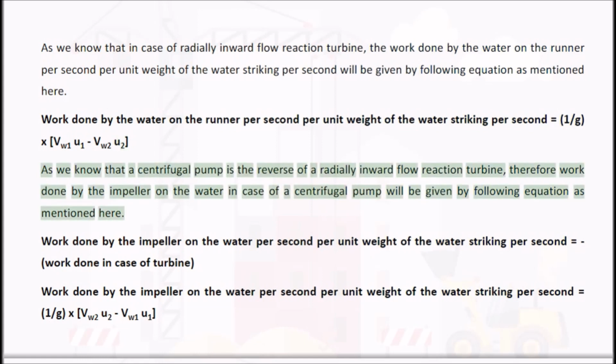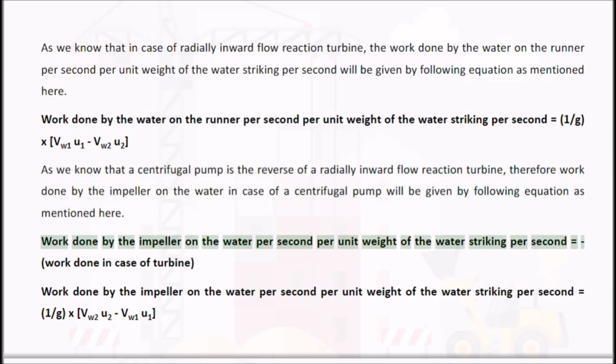As we know that a centrifugal pump is the reverse of a radially inward flow reaction turbine, therefore work done by the impeller on the water in case of a centrifugal pump will be given by the following equation as mentioned here.